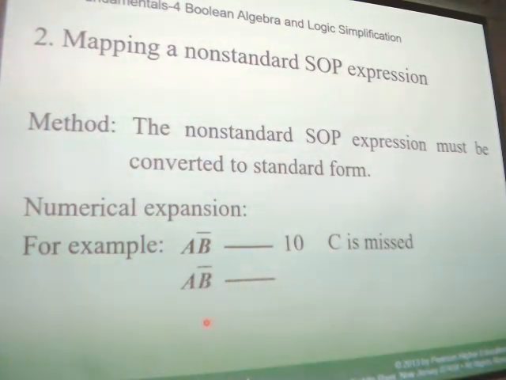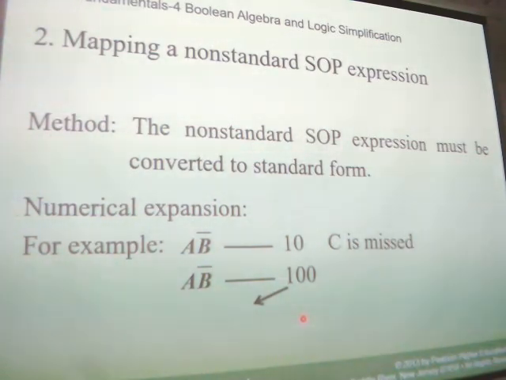So we must convert AB bar to AB bar times 1, which equals AB bar (C plus C bar).